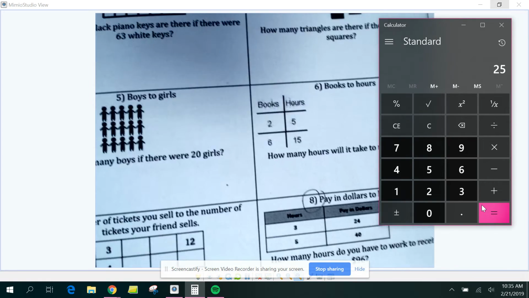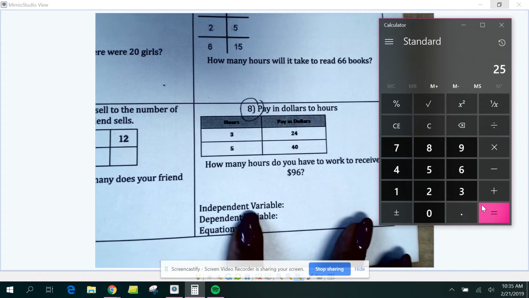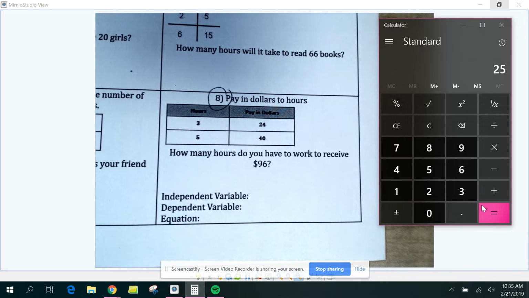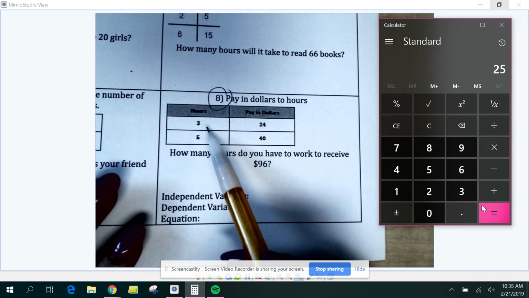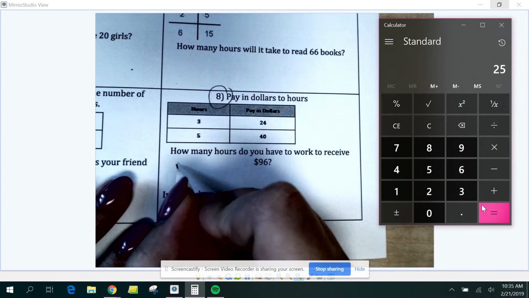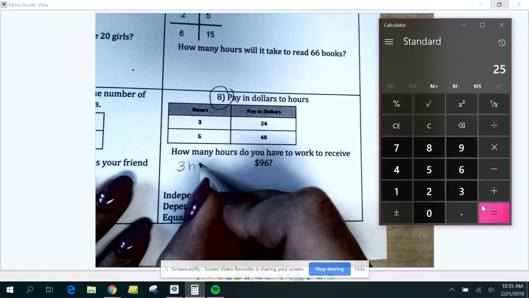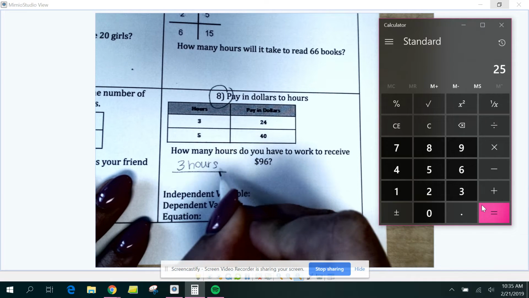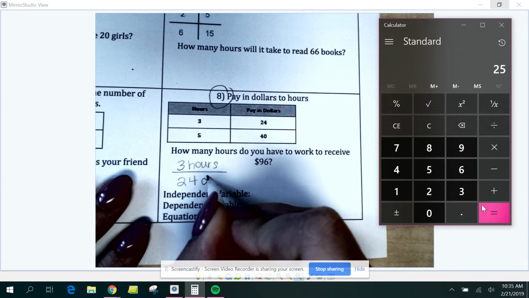Now, number 8 down at the bottom. So I have pay in dollars to hours, okay? So it gives me actually 2 ratios here, okay? I have 3 hours to $24.